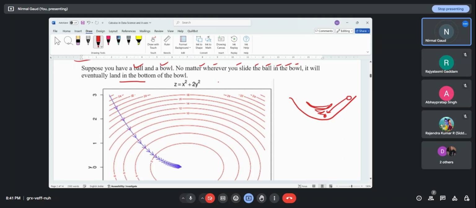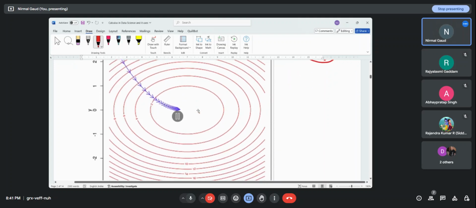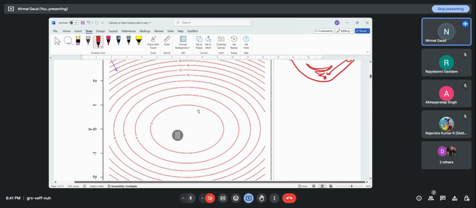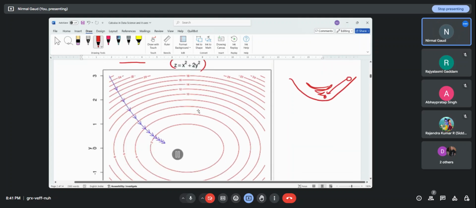All right. Certainly, with this curve equation, z equal to x square plus y square, the movement of the ball is shown. Okay, so z equal to x square plus y square. It has x also, y also.